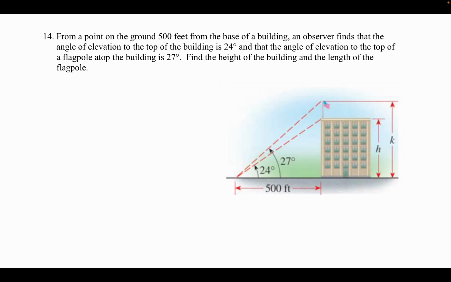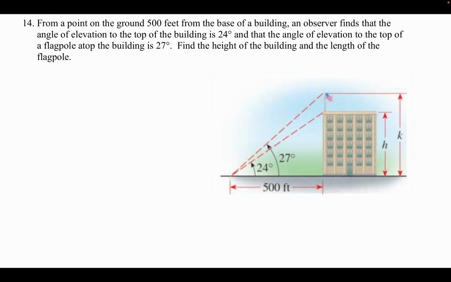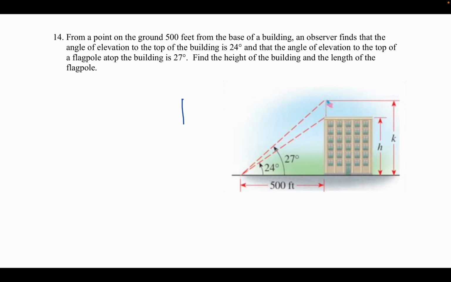So again, you don't have the pretty picture, but you can just draw these triangles in. You can draw a little building with the flagpole on top. And we know we've got somebody on the ground 500 feet away.